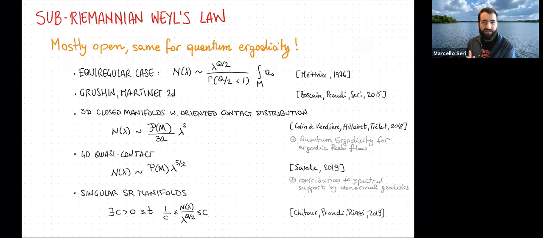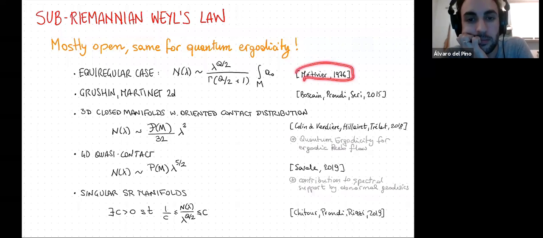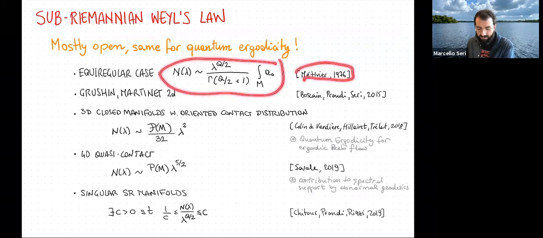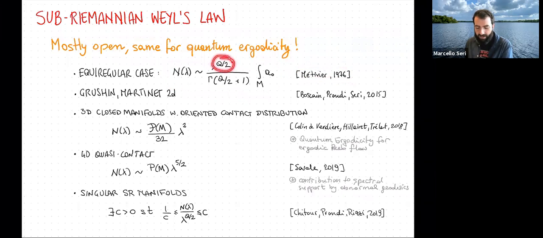In the equiregular case, where things are nice, there is one older result by Métivier in the 70s that proved that you have half of the Hausdorff measure appearing there. There are our results on Grushin and Martinet in 2D. There is a result on 3D closed manifolds by Colin de Verdière, where they also do the ergodicity of the Reeb flow, and they show that you have, again, Hausdorff dimension half, and here you have some weird quotient of the Popp volume divided by a number.